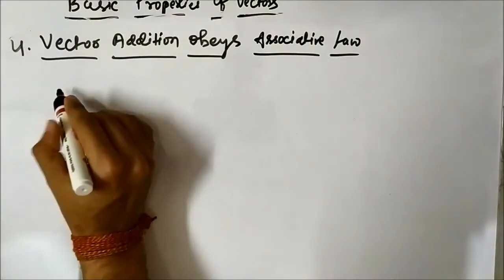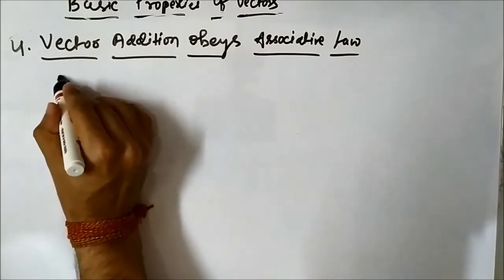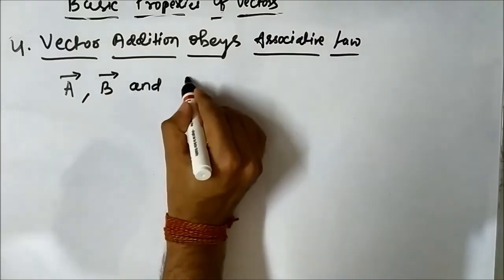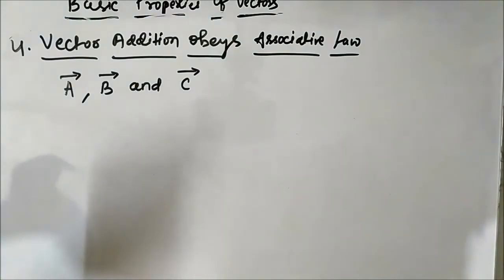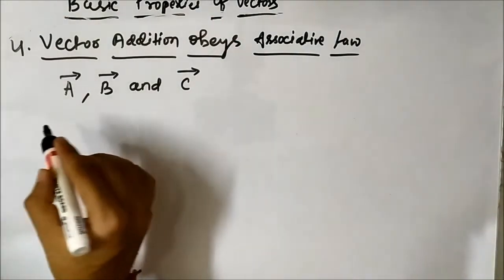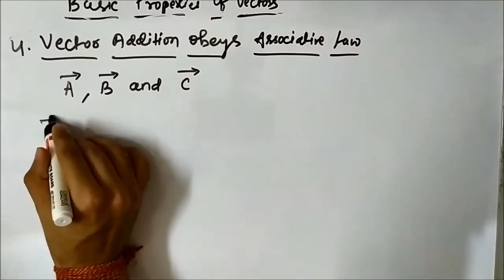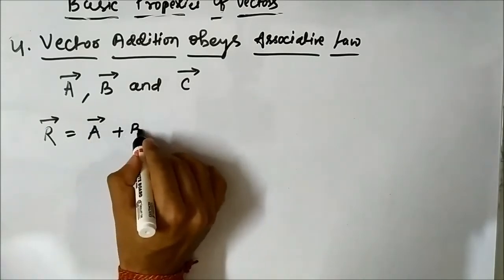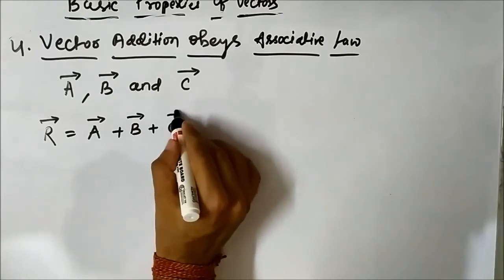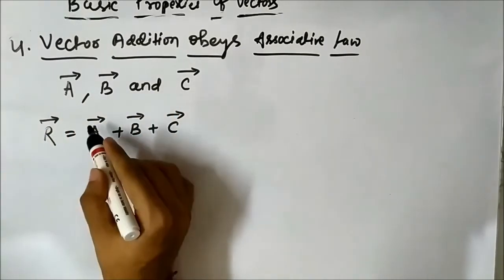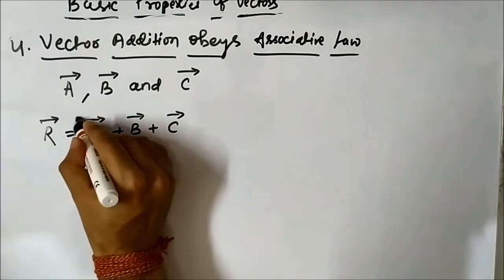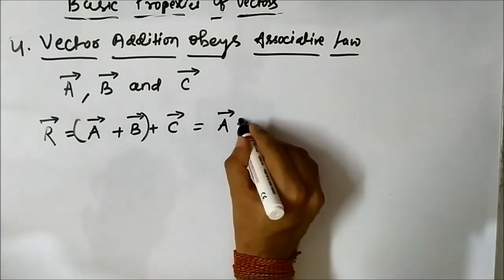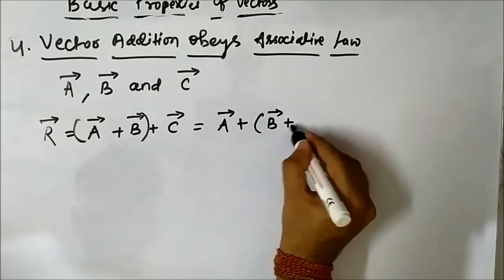So it means that if we have three vectors, let's say a vector, b vector and c vector, then suppose by adding these three vectors, a vector plus b vector plus c vector, we will get the same resultant again if we do it in this way or we do it in this way.